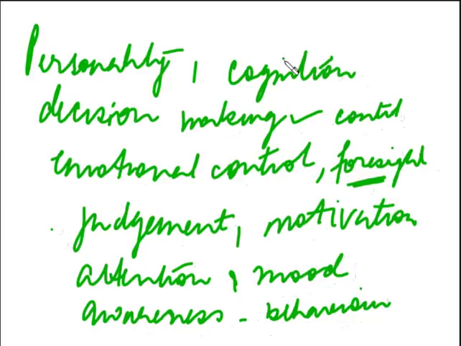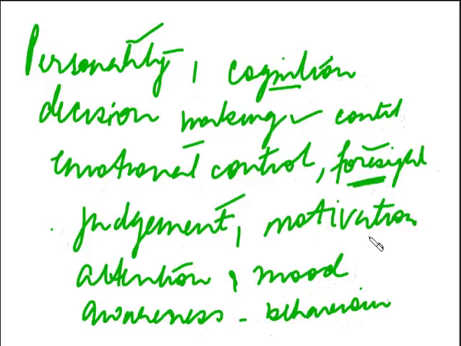Any damage to this prefrontal cortex, all of this will go. So a person's personality will change, their cognition will go, decision making will go, they will not have control on themselves, emotional control, how to behave in society, they have no foresight, they lose judgment, all of this. So you will see that when we do the lesions of the frontal lobe. And studies have shown that thinking strategies change with age.